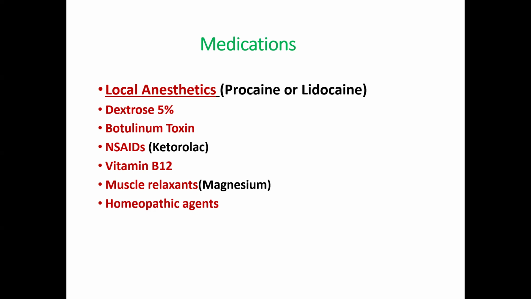Botulinum toxin. You can do mesotherapy or neurotherapy with the diluted botulinum toxin. NSAIDs, the most famous is ketorolac. I dilute it with the local and I inject it. B12, muscle relaxant. The most famous is magnesium, but you can use other muscle relaxants as well.